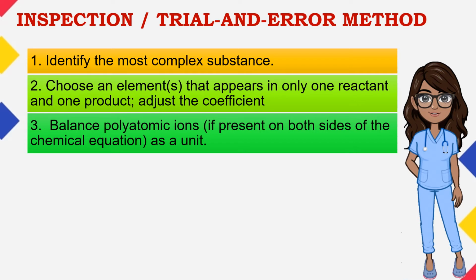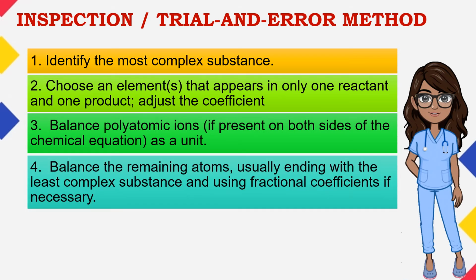Balance polyatomic ions, if present on both sides of the chemical equation, as a unit. Step 4. Balance the remaining atoms, usually ending with the least complex substance and using fractional coefficients if necessary. If a fractional coefficient has been used, multiply both sides of the equation by the denominator to obtain whole numbers for the coefficients.